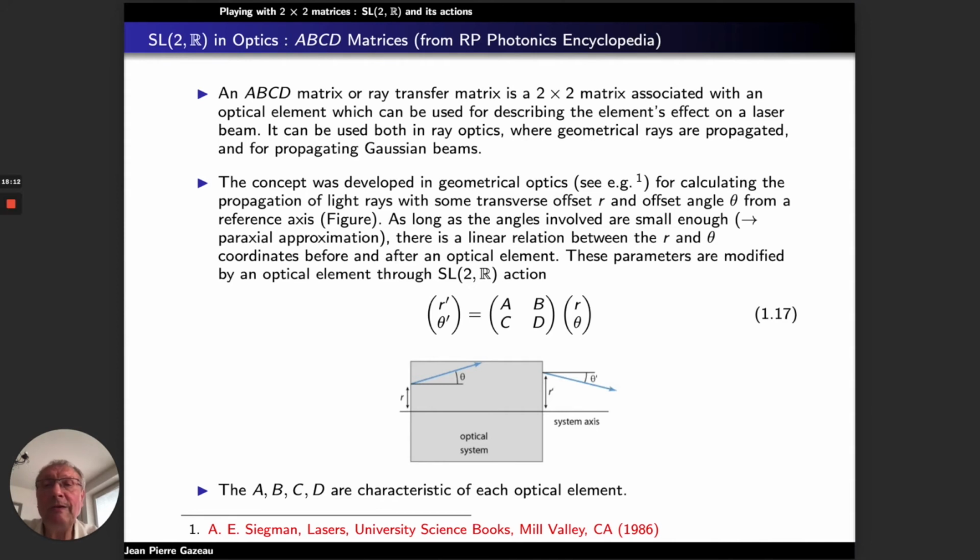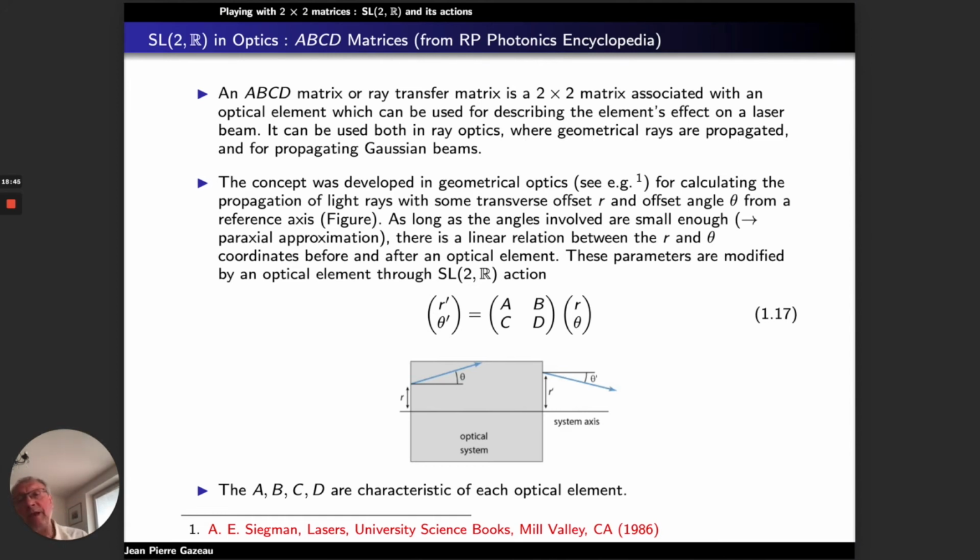So what is an ABCD matrix or ray transfer matrix? It is a 2x2 matrix associated with an optical element which can be used for describing the effect of the element on a laser beam, for instance. It can be used both in ray optics, where geometric rays are propagated, and for propagating Gaussian beams.